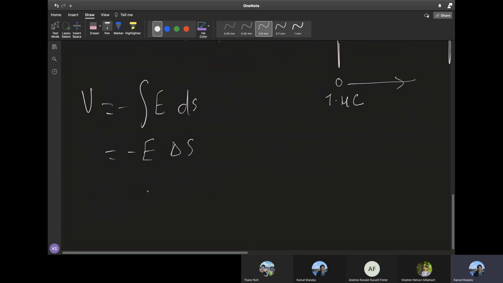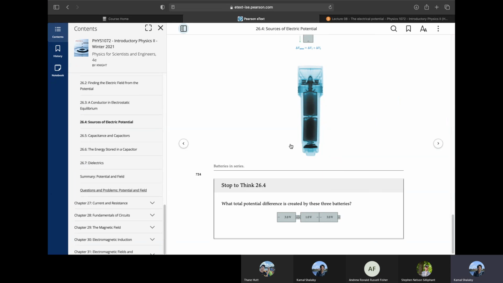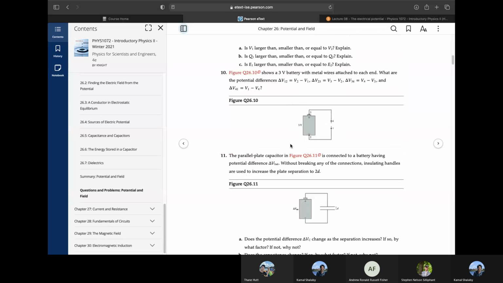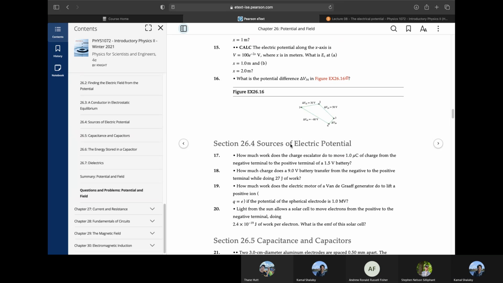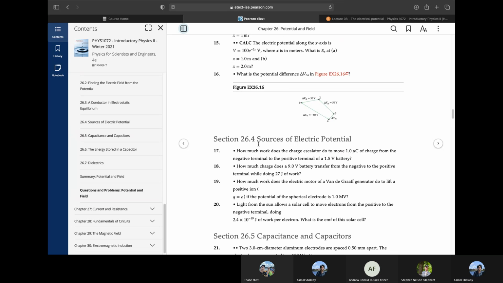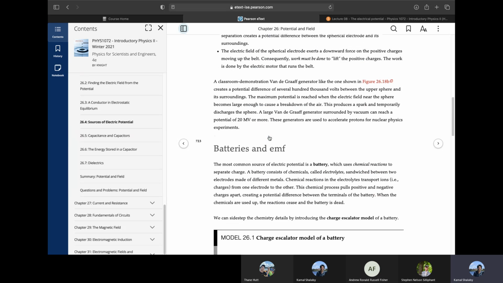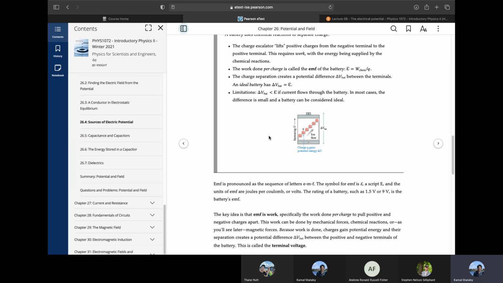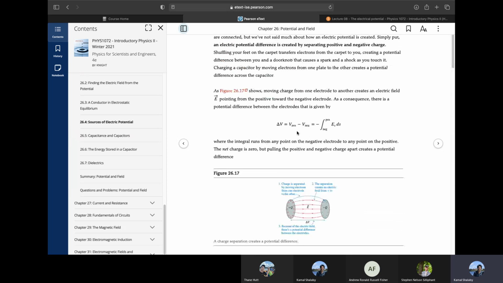Okay. So one thing we can do is find what the electric field is. So E is equal to negative V over delta S. That's going to equal, did it say what is the distance? Feels like I'm doing something wrong. This E, the electric field, is this E, the energy?